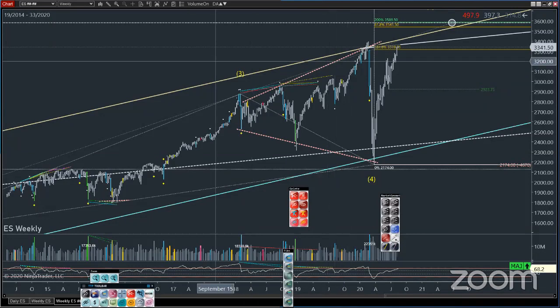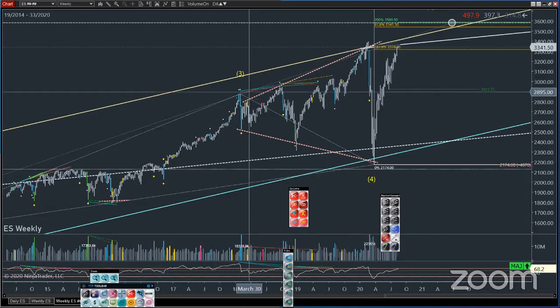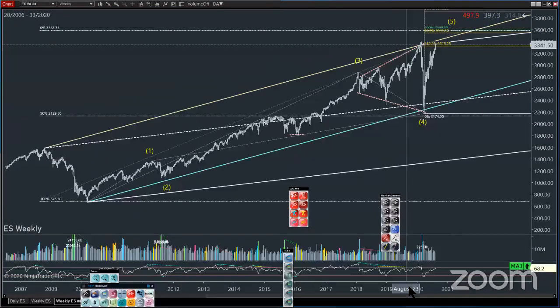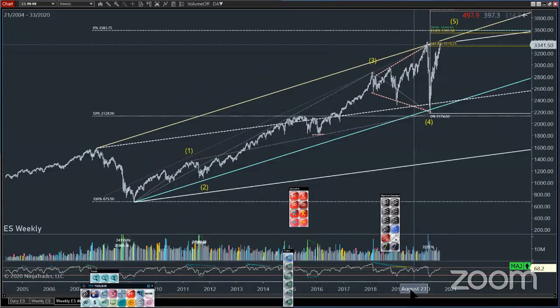I mean if this is an expanding triangle, the next wave is the high. The next wave is the ending move. So it does make sense that we're putting in a pretty significant top here soon. So maybe you're right there, old Rob.